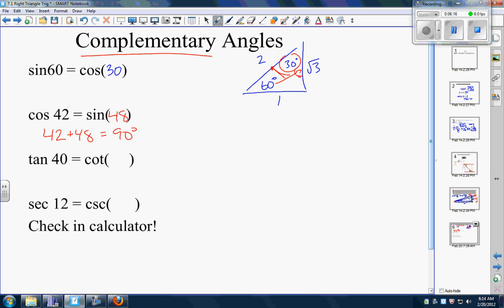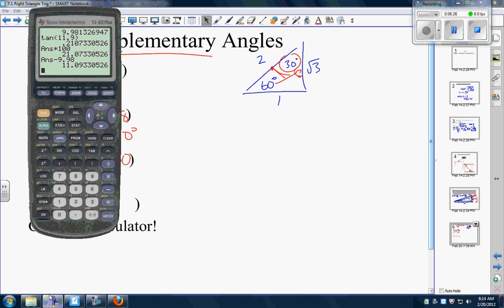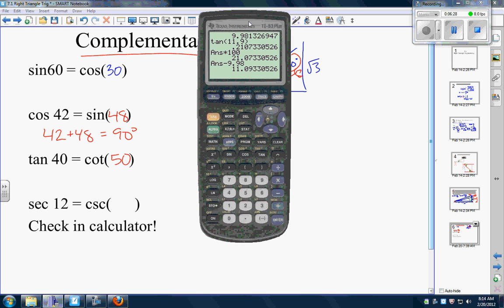Okay? Tangent of 40 is going to be the exact same thing as the cotangent of 50. So if you want to see why that's true, we can use our calculator. We're still in degrees. Tangent of 40, okay, 0.83. So we can do 1 divided by tangent of 50 to represent a cotangent.